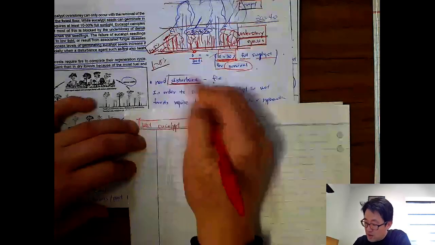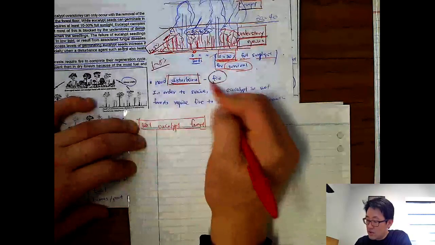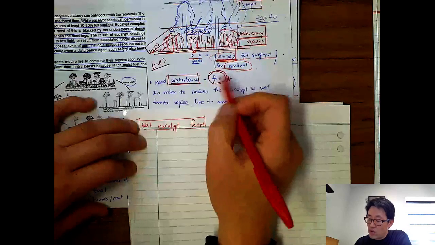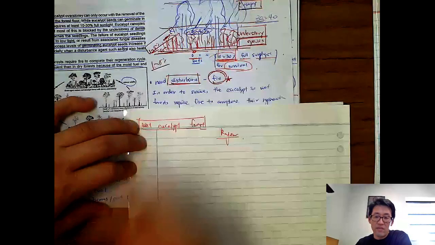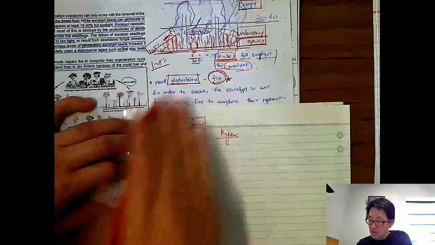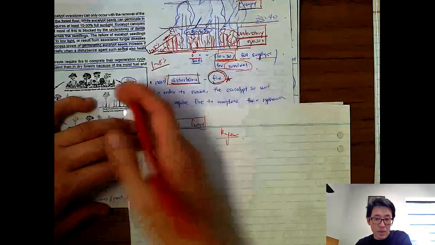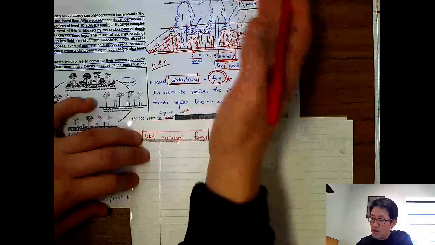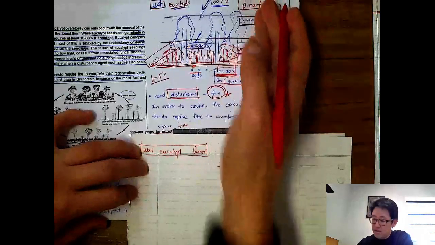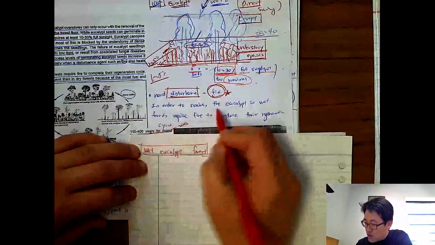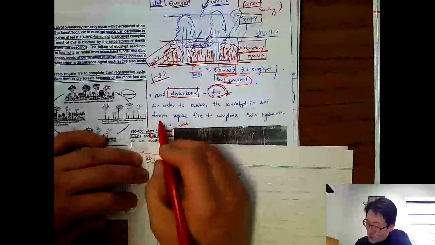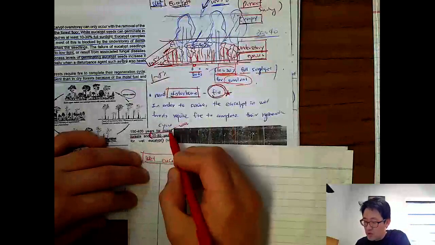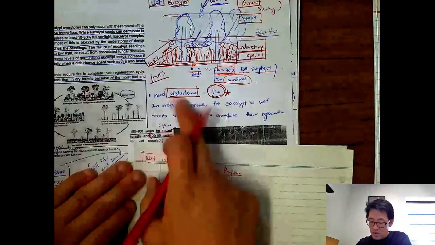That disturbance example is fire. This wet eucalypt forest evolved using fire, which was a disturbance. Through this disturbance, they're able to get that more direct sunlight. In order to survive, the eucalypts in wet forest require fire to complete their regeneration cycle.